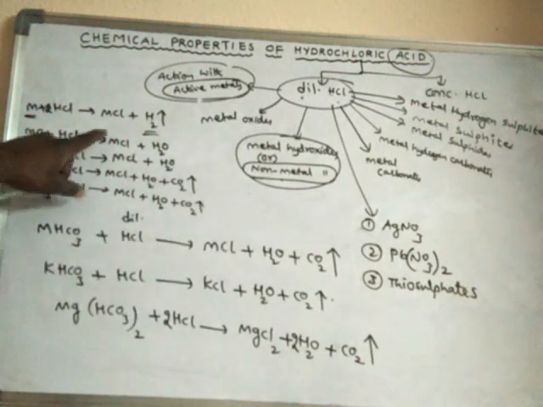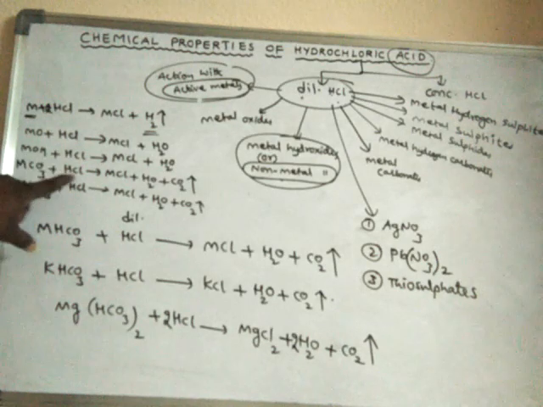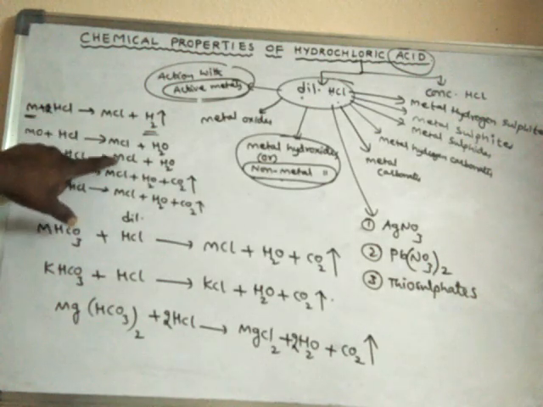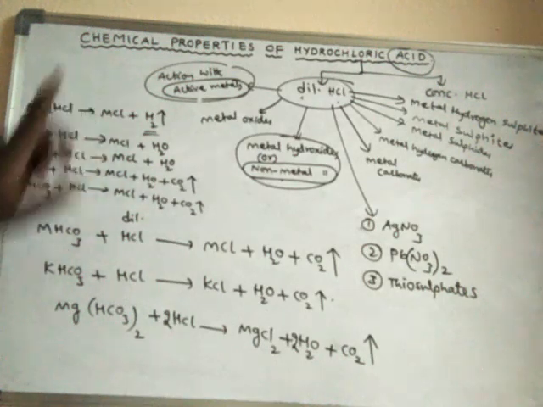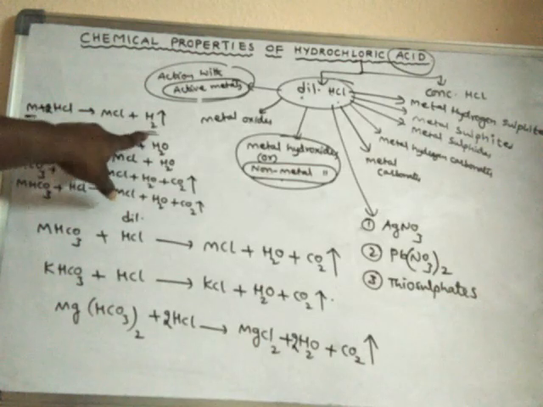See, there is a common thing in all these cases. HCl is common. When metal, metal oxide, metal hydroxide, metal carbonates or metal bicarbonates react with dilute hydrochloric acid, they form metal chlorides. In all these cases, metal chloride is common. With metal, it is hydrogen.